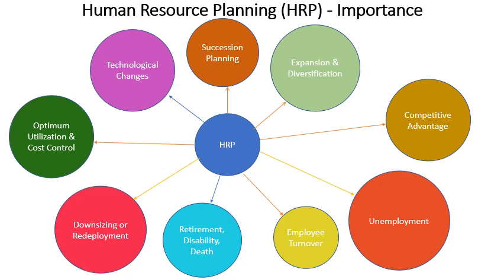Now another importance of human resource planning is technological changes. So human resource planning is very important to make and accept the technological changes that are happening in the outside environment, because nowadays customers always want new and innovative products. They always want some extraordinary features in their products and even services.